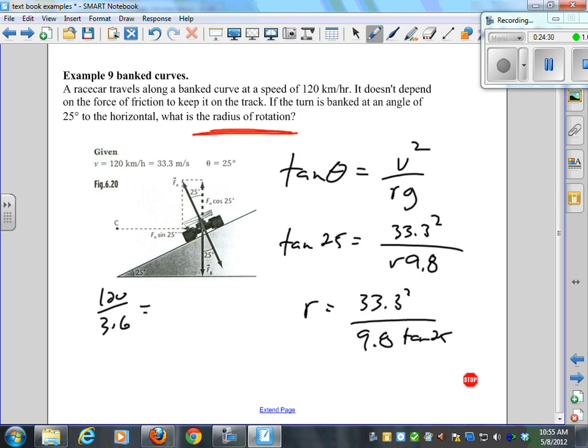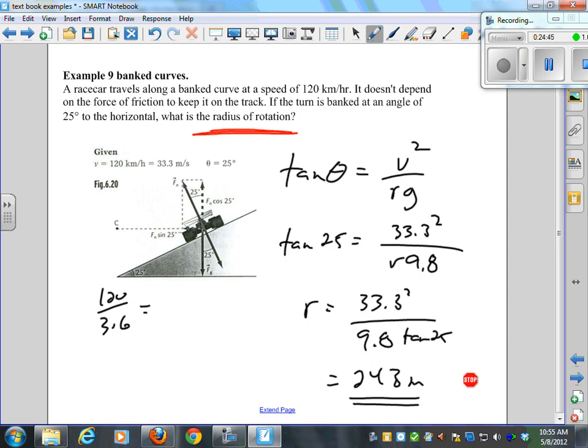That's 243 meters. There you go. That wasn't too bad.